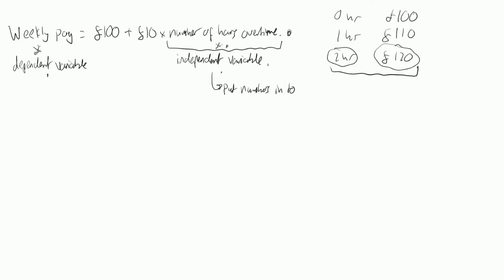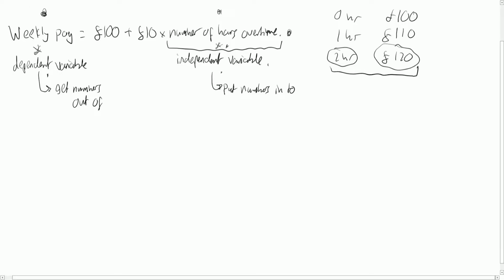So the dependent variable can similarly be described as the one that we get numbers out of. So for this reason, our dependent variable is going to be on the left-hand side of the equation and the independent variable is going to be on the right-hand side of the equation. The reason for that is we put in the number of hours overtime and we get out the amount of pay we get paid per week.